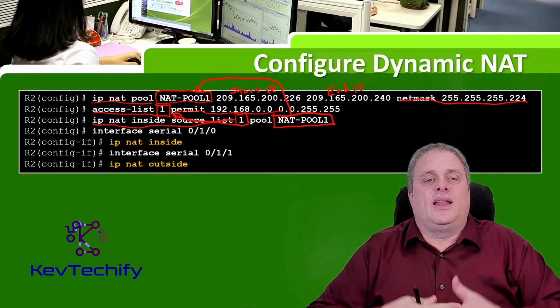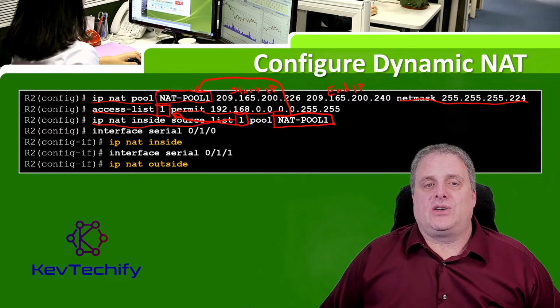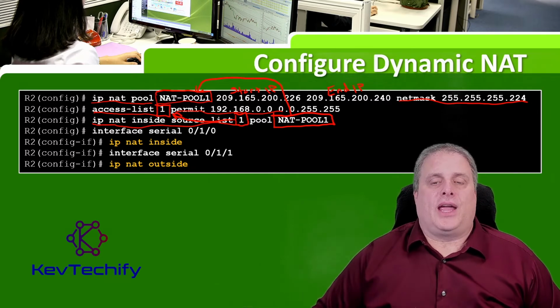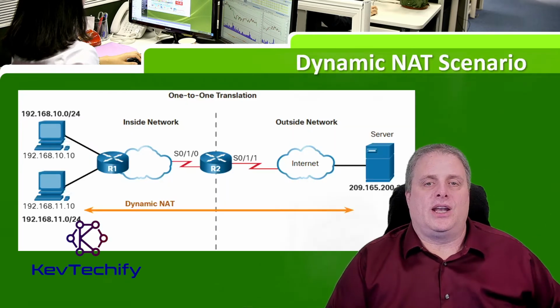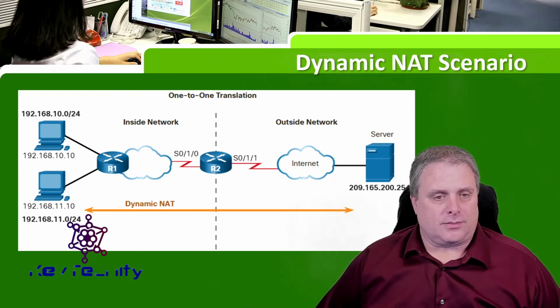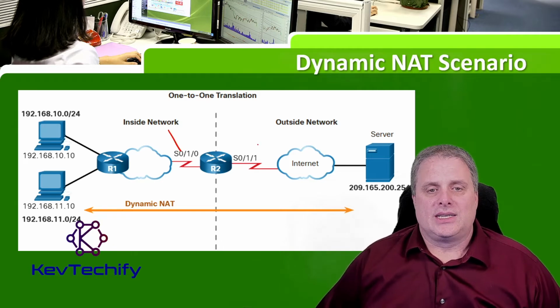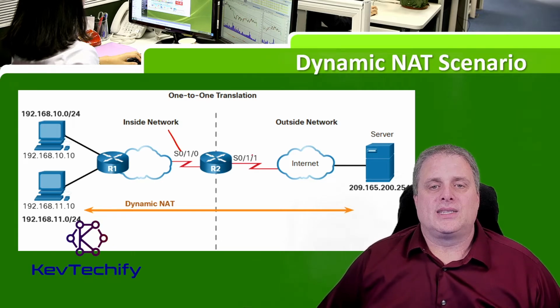Once we've done that, now we need to say which interface is our inside and which is our outside for our network address translation. I'm going to go back a slide here quick. When we look at our example, serial 0/0/0 is on the inside of our network and serial 0/1/1 is on the outside.